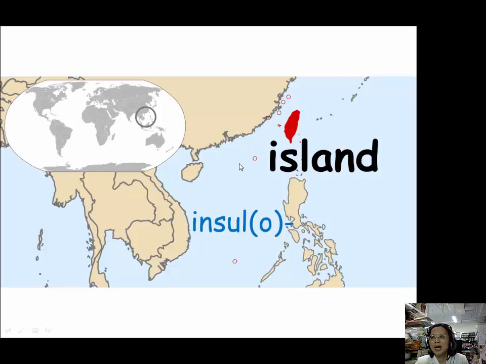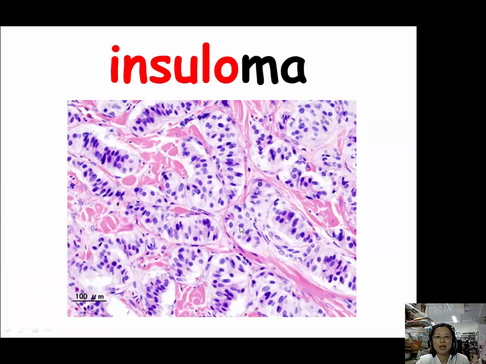When we want to talk about islands, or things having an island-like appearance, we use the prefix insulo, I-N-S-U-L-O. Our first example is insuloma. As shown in this picture, this is an insuloma.